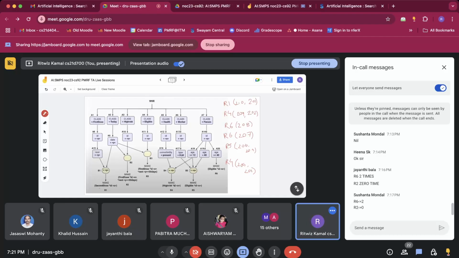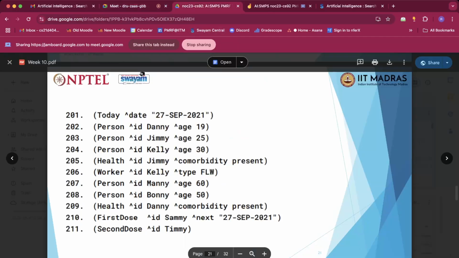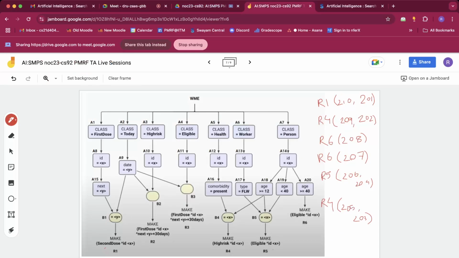Basically what I did is I took different combinations of these working memory elements and saw which of them can be applied to the rules given to us as per the Rete net. For example, this R1 over here can be applied with working memory elements 210 and 201.